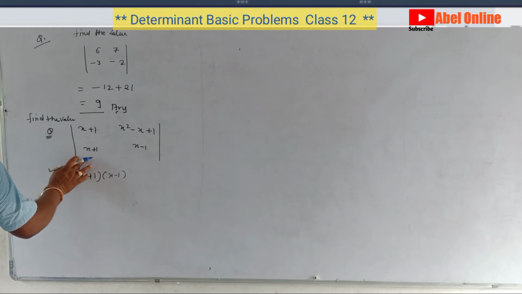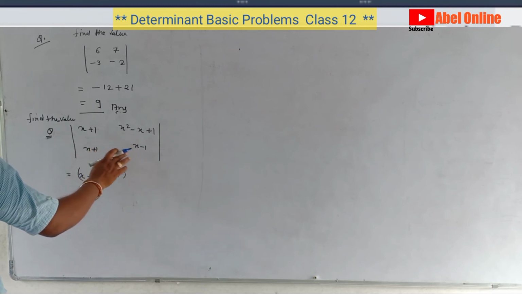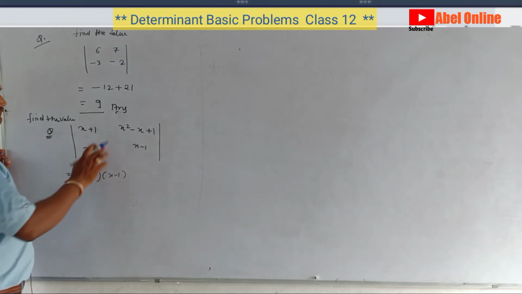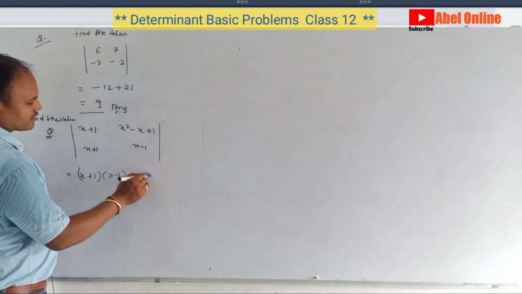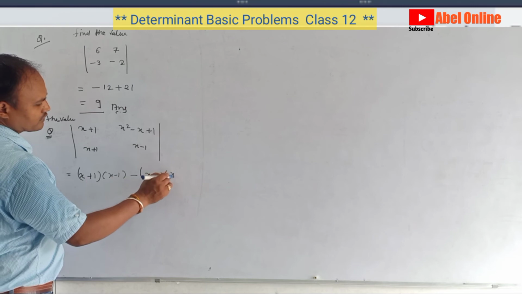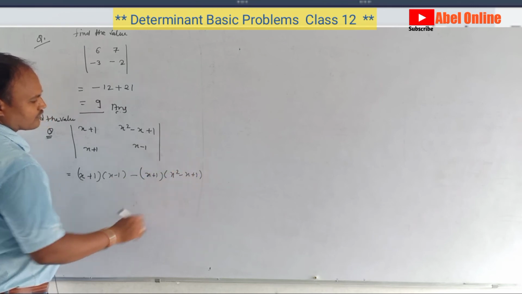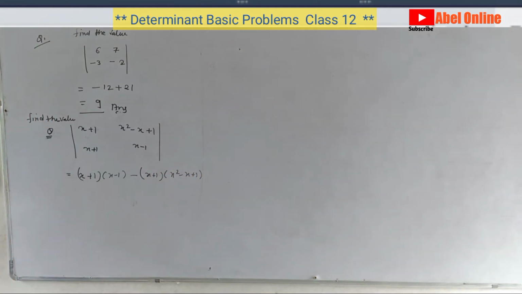How can you find it? If the question is this, then we can solve it just by multiplying them. So x plus 1 multiplied by x minus 1, and x plus 1 multiplied by x square minus x plus 1. So students, this is your question.